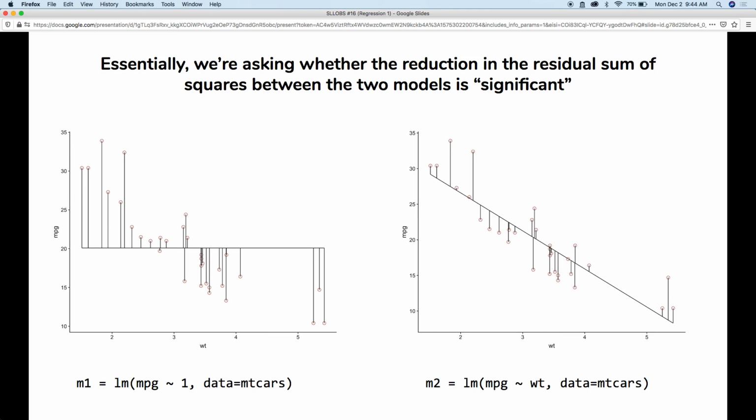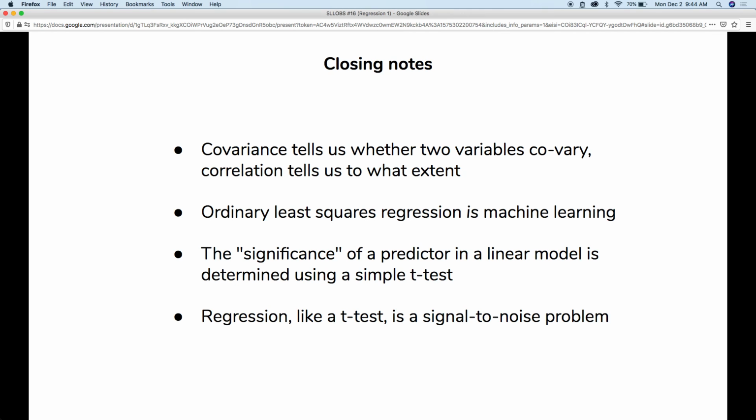So at this point, I'm actually going to close. We've talked through pretty much everything that's to be reported in an ordinary least squares model. Just some closing notes here. Whatever you think about covariance, it's basically telling you yes or no, do two variables covary? That's about it. Correlation is an adjusted form of covariance that tells you if they covary, to what degree do they covary, positively or negatively.